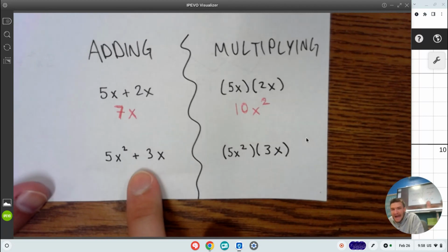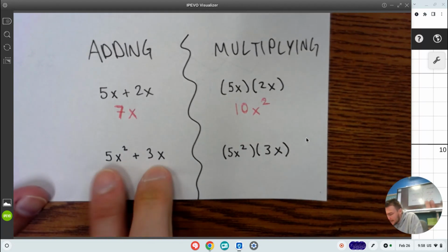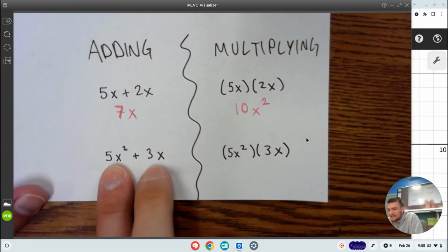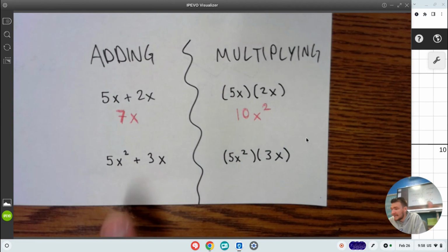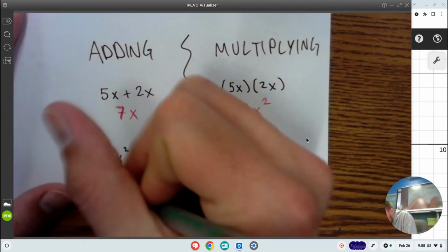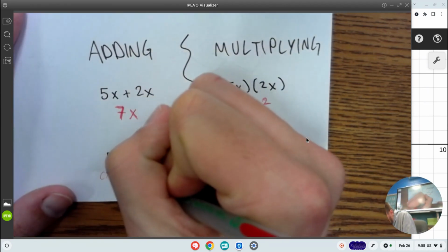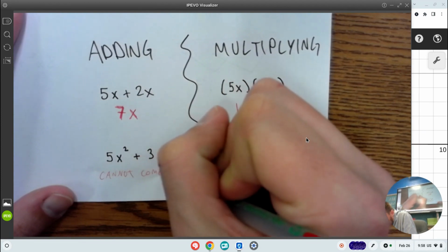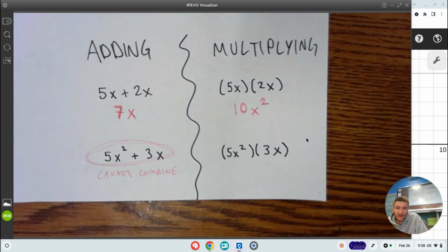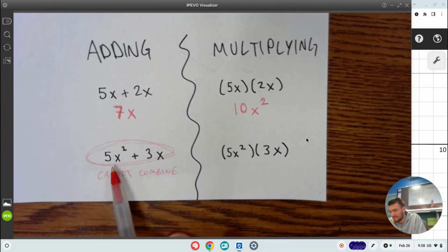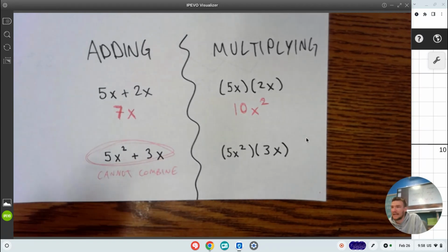Over on the adding side, what can we do with these two pieces? The reality is nothing. We cannot combine. That's the answer, right? That's as good as it gets. 5x squared plus 3x cannot combine.